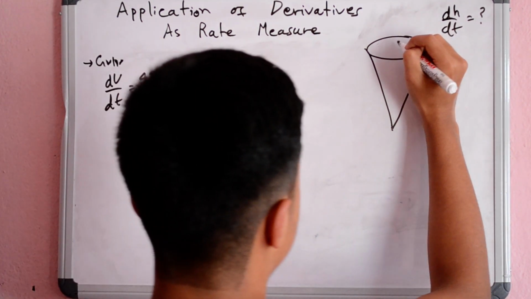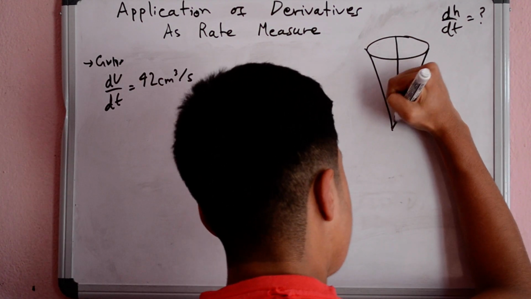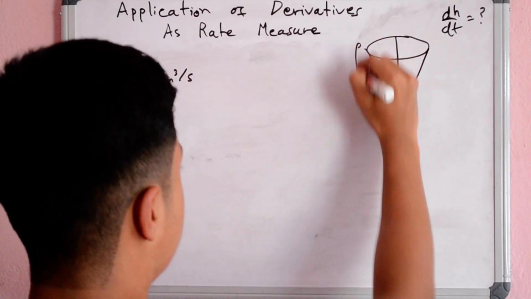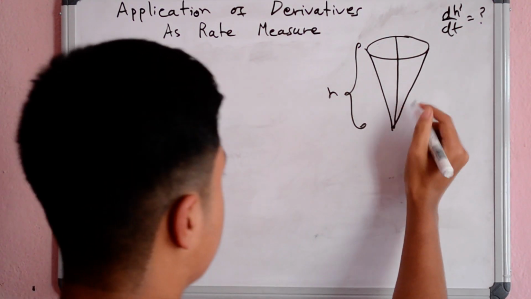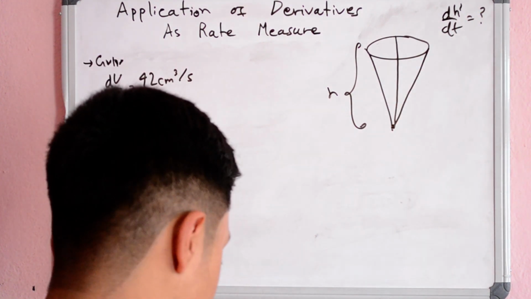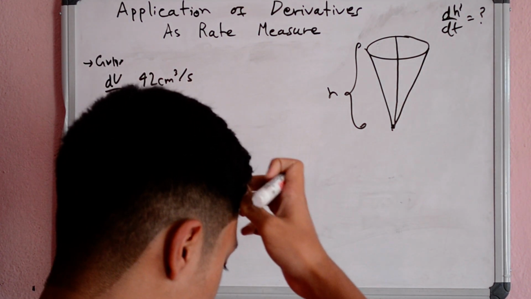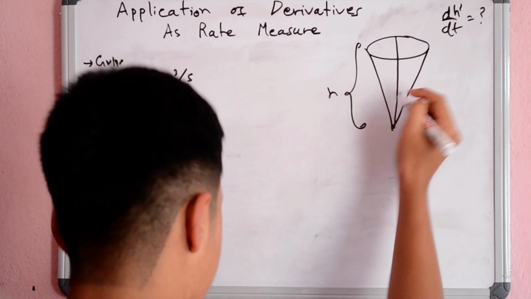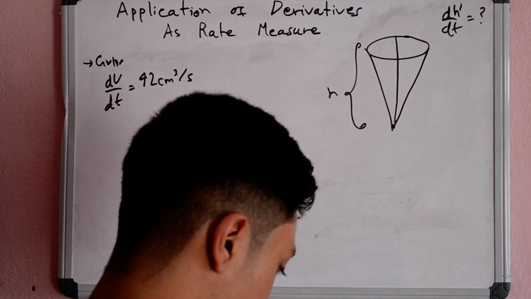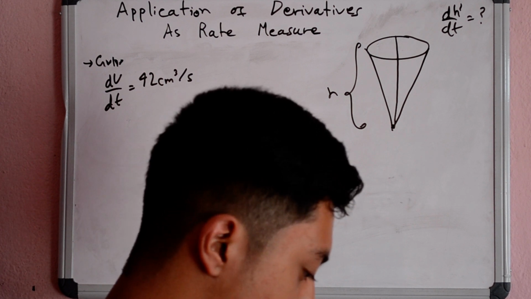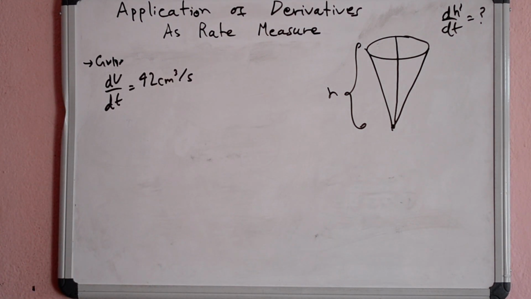So let's just say that this whole thing is the height. So it's asking us the rate of change of the height when it is at 8 centimeter. Assume that the height of the tank is 12 centimeter and the radius at the top is 6 centimeter.